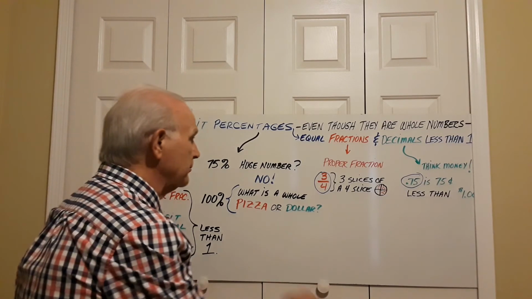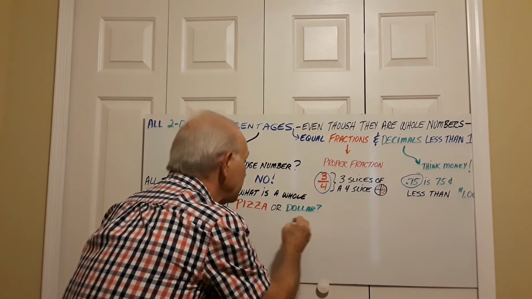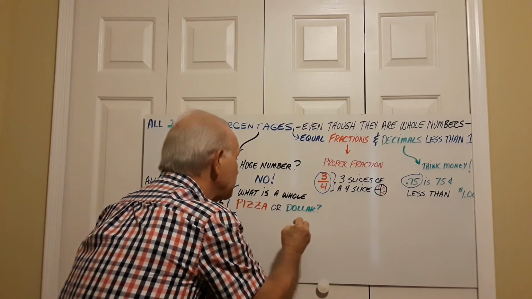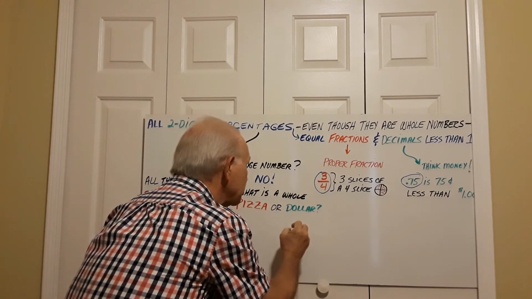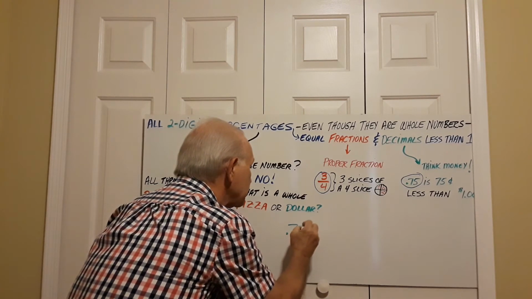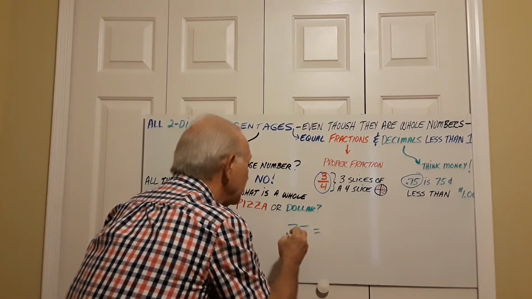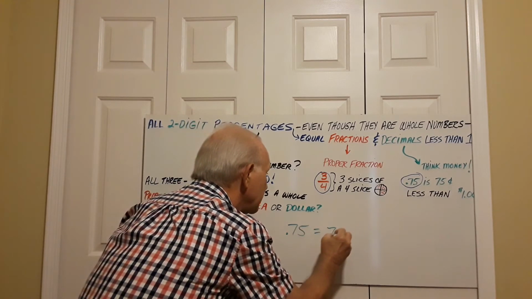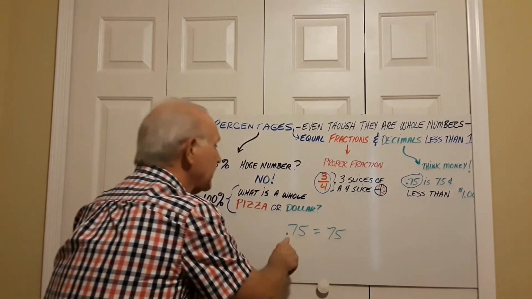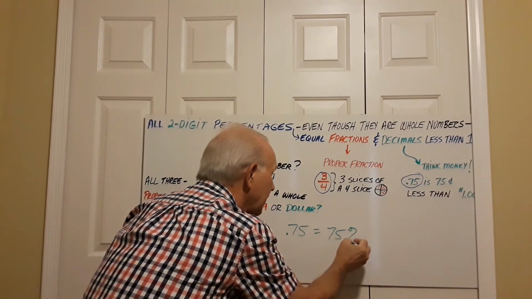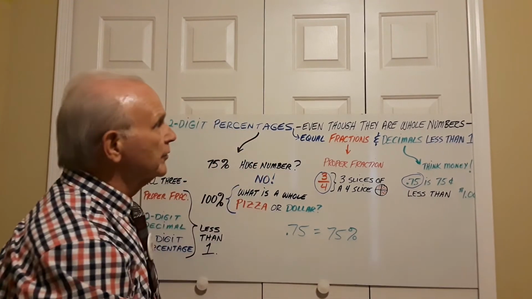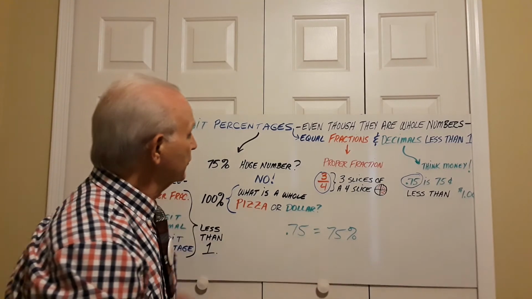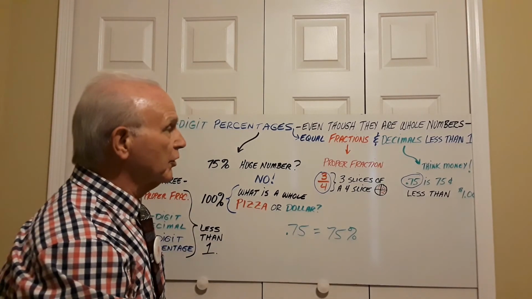Percentages are simply taking the decimal like this and simply removing the decimal point and putting down the percentage mark. That's all you have to do.